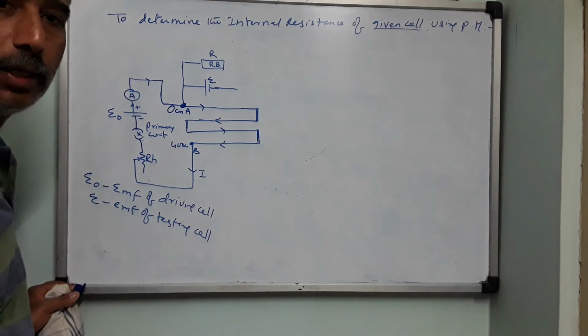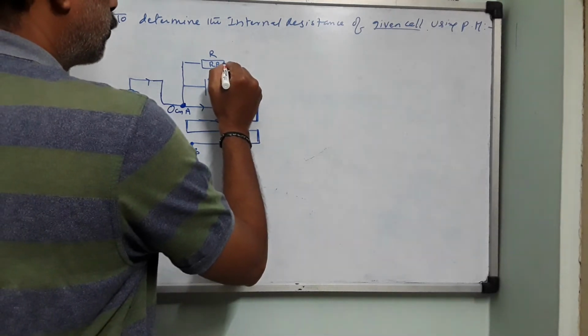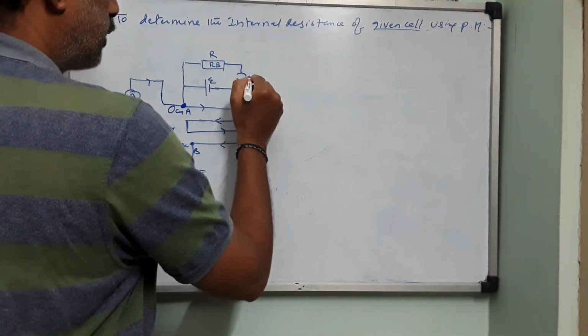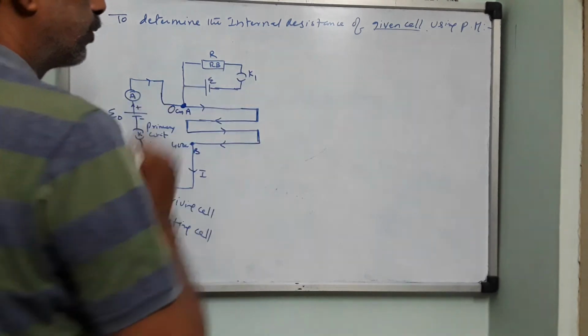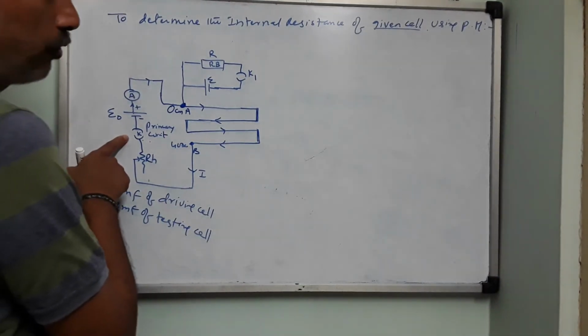Whenever I remove a key, that much resistance I am offering. Now these two are connected with the help of a key. This I will call K1 because K is already used.